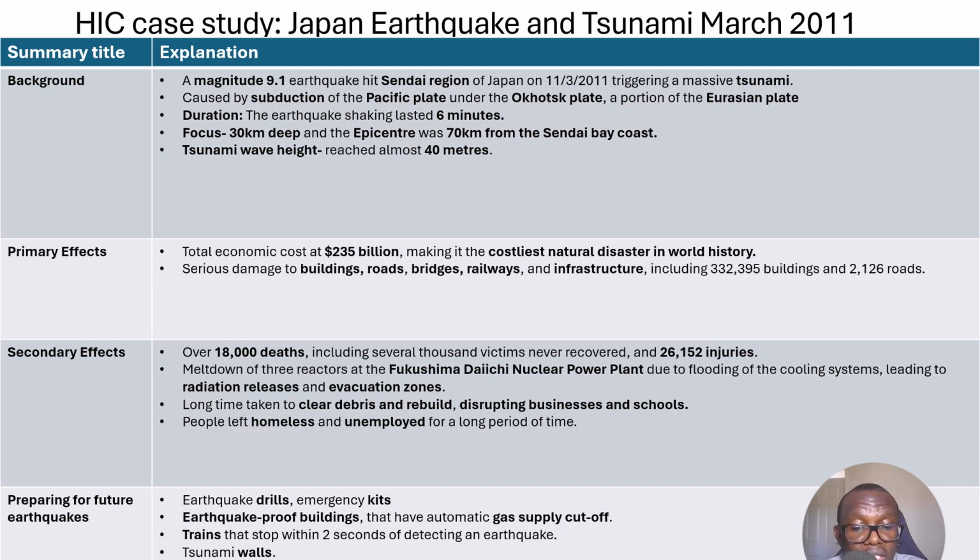Now that obviously is a good thing because it avoids the problem of derailing of trains during an earthquake. They have also built tsunami walls to ensure that they have some kind of protection from any water that may be coming in via tsunami from the ocean.